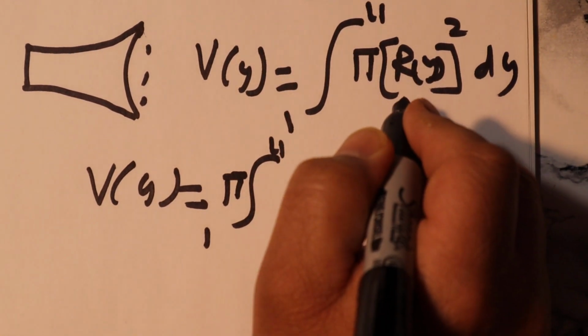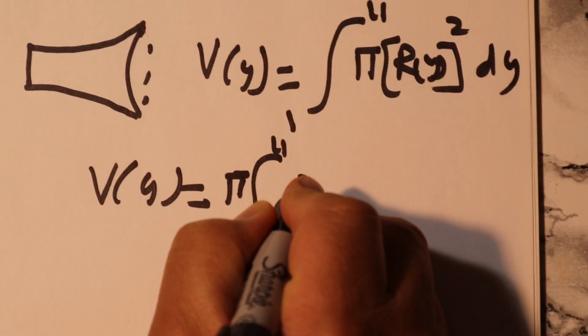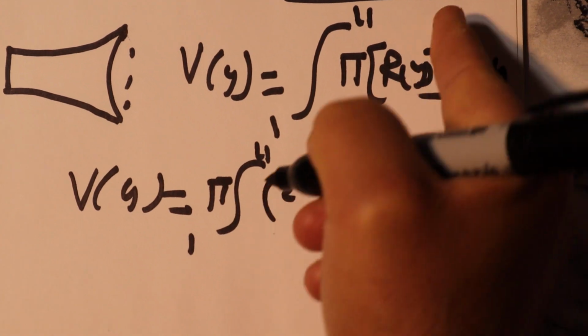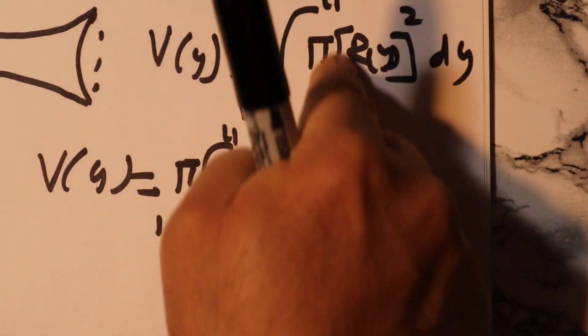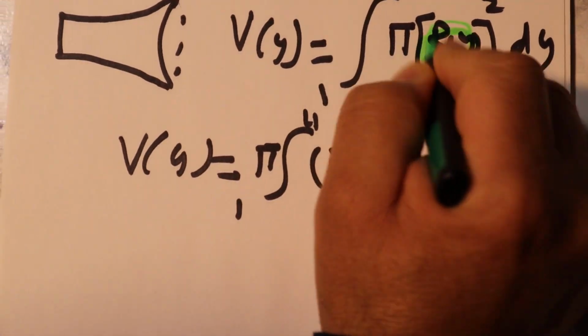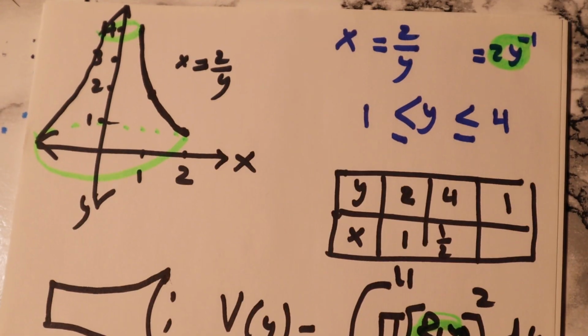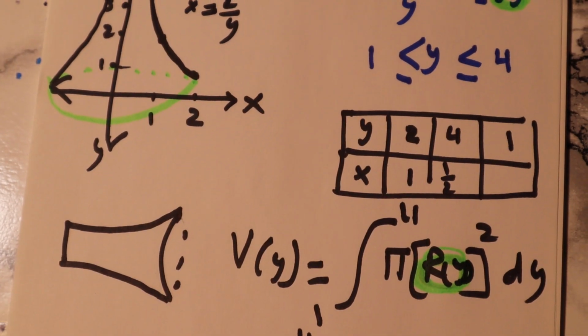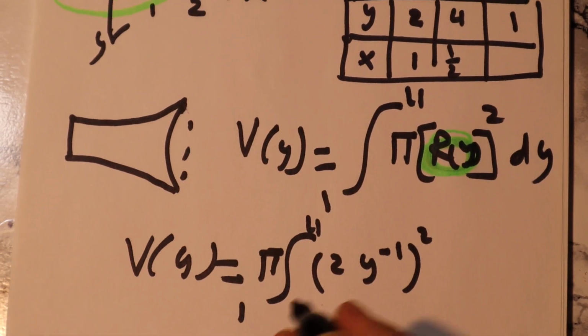And r of y is the given function, which is (2y to the negative 1) squared. Remember, just plug it in, 2y to the negative 1, and square it. So let's square it before the integration.